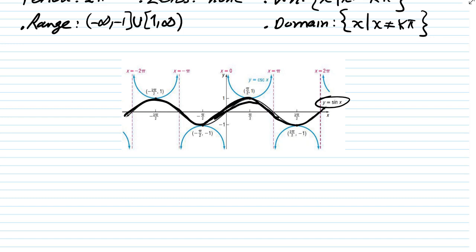So if we take the reciprocal of sine, we get the blue curves. And the blue curves, that would be this portion of the graph and this portion of the graph, and so on and so forth. It'll just go like that forever, right? That'll be the graph of cosecant, the reciprocal of sine.